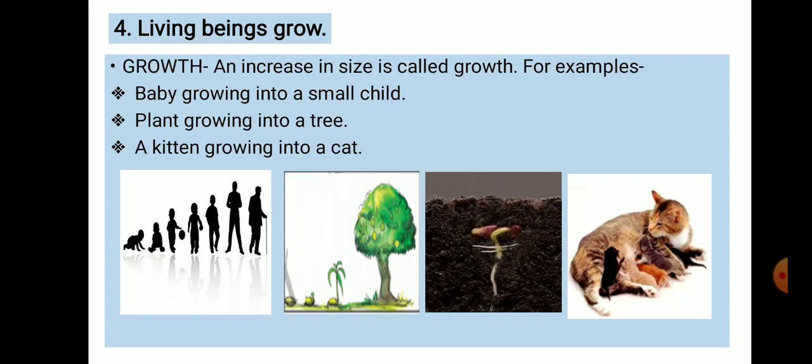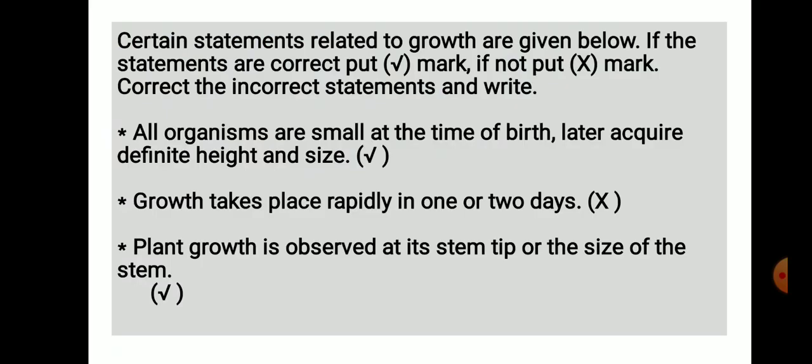Now, certain statements related to growth are given below. If the statements are correct, put a right mark. If not, put a wrong mark. Correct the incorrect statements and write them. All organisms are small at the time of birth, later acquire definite height and size.